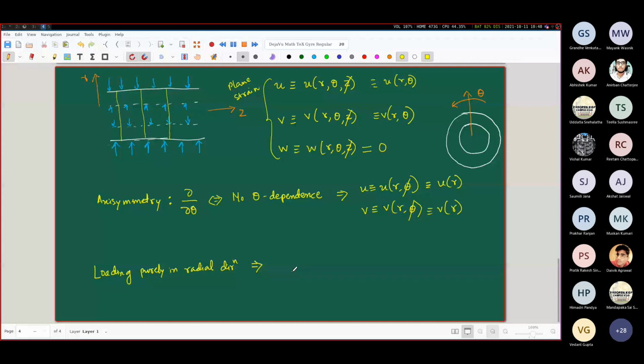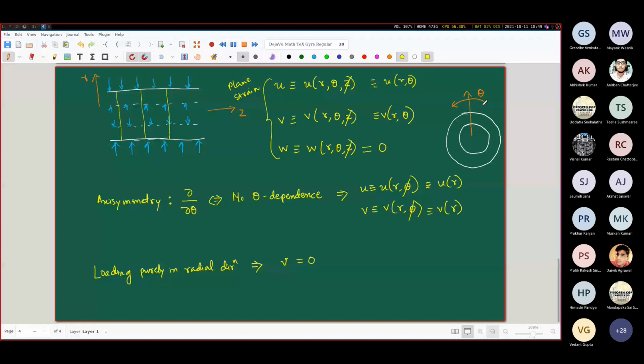Well, the answer is that V is going to be equal to 0. Please note again, I have talked about this earlier. If you're only talking about axisymmetry, it does not necessarily mean that V is equal to 0, because it is very much possible that you can have some kind of a shear taking place along this theta direction.